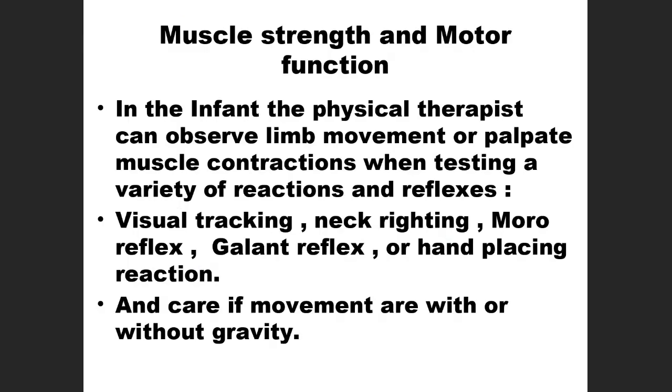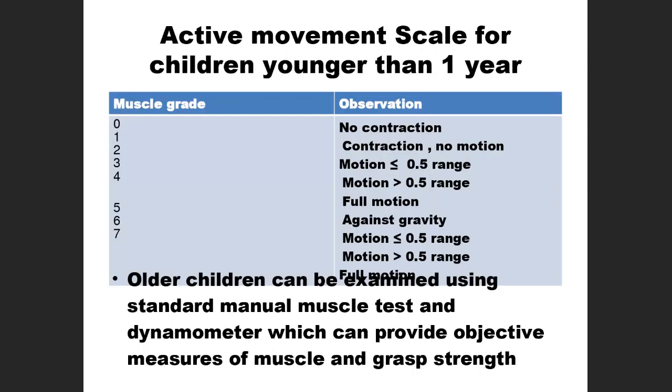Once you check the range of motion, sensation, and function, then muscle strength is very important. In infants, the physical therapist can observe the limb movements or palpate the muscle contractions while testing a variety of reactions and reflexes, like visual tracking, neck righting, Moro reflex, Galant reflex, hand placing reaction, and check if movements are within the normal gravity.